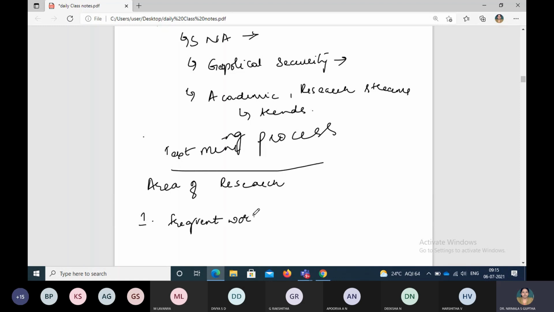The very first level of analysis is identifying the frequent words, and this helps us create a bag of important words.